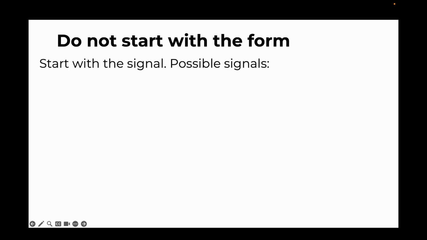Now, a common mistake is to start with the nonconformity form. So, BlueRiver should start with the signal. Okay? What is the evidence telling us?